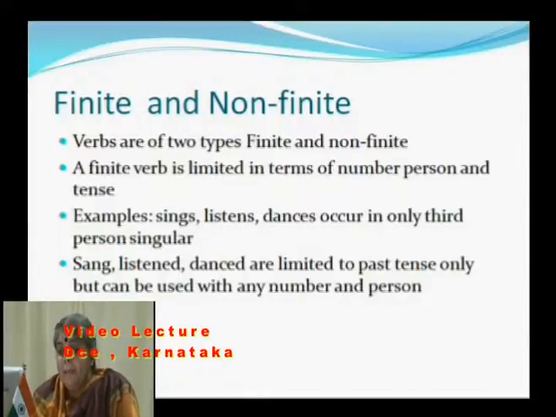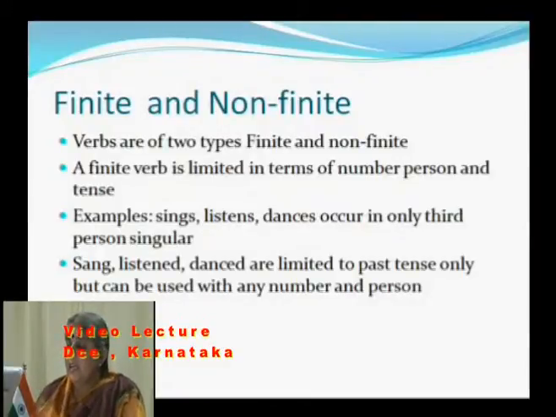If I say in simple present tense, I sing, singular, in first person, we sing, plural, you sing in the second person, and in the third person, the word sings comes. Sings, he sings, she sings, it sings.